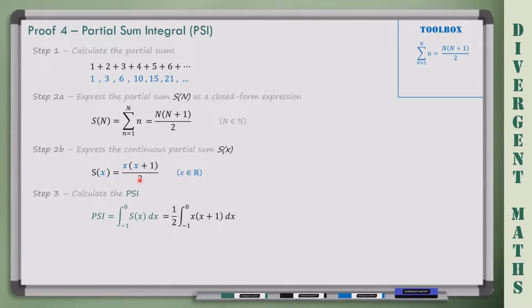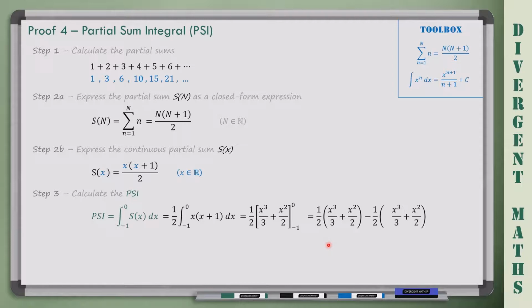We can take the 1/2 in front. We factorize that one: 1/2 of the integral from -1 to 0 of x times (x plus 1). Knowing the integration of x to the n is x to the n plus 1 over n plus 1, because we have bounds of integration, we can drop the constants. They will cancel each other out. So we have 1/2 of x cubed over 3, that will give us the x squared, and x squared over 2, that will give us the x term, from -1 to 0.